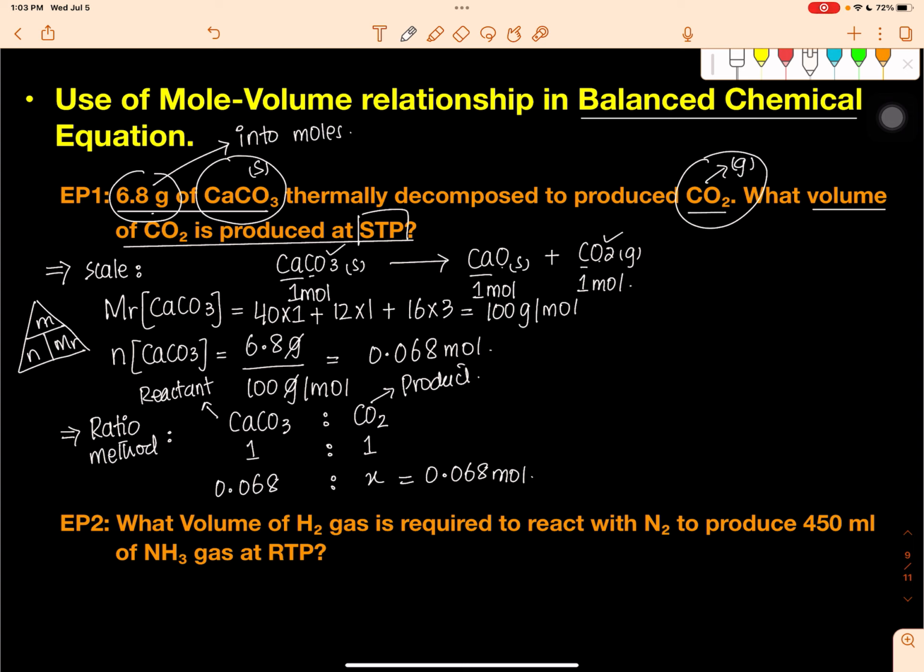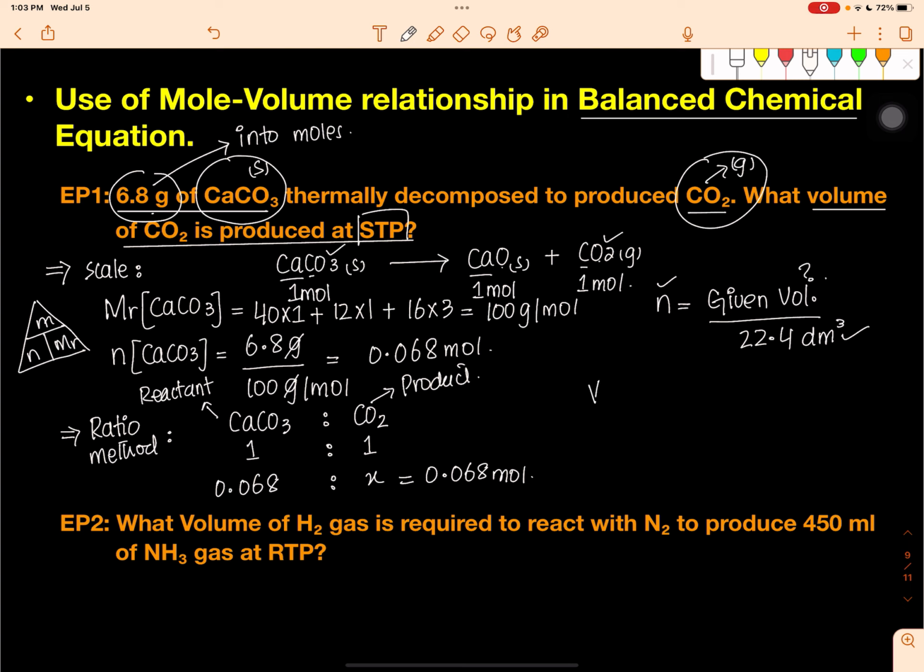We need to find out what volume was produced actually. So number of moles is equal to given volume upon volume at STP, that is 22.4 dm cube. We have the number of moles, we need to find out this.